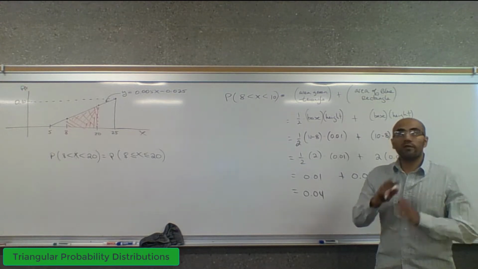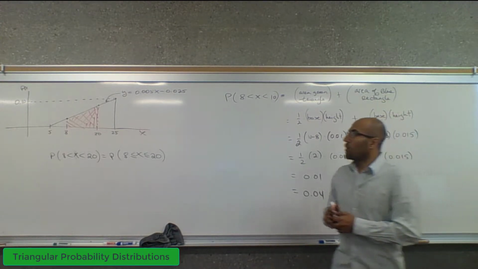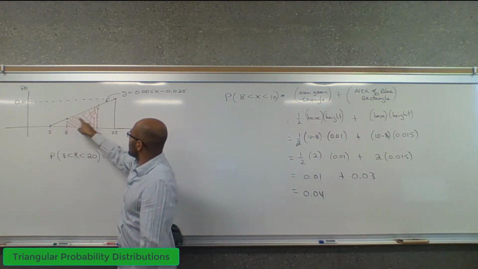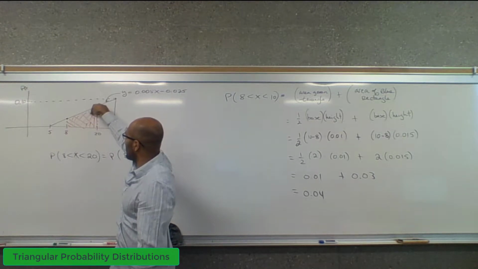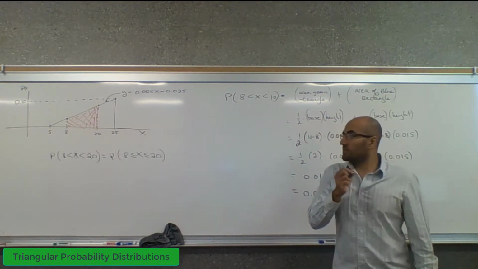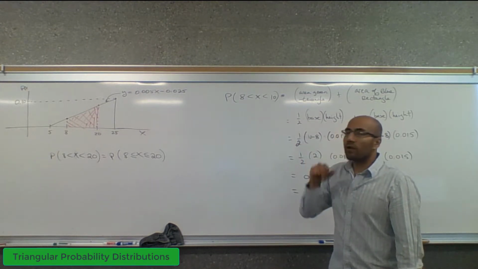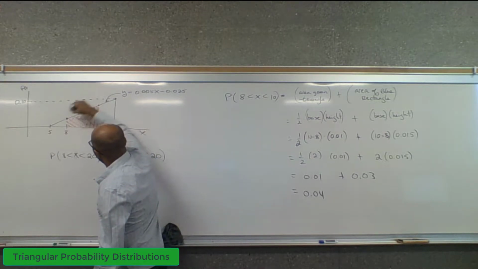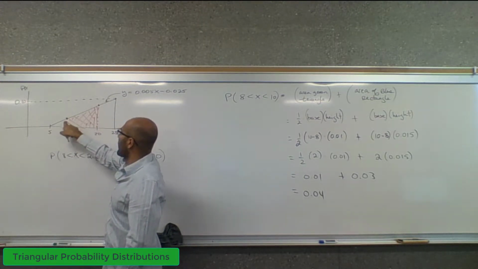Okay? So now there's a slightly different way we could do this. We could do it the same way as we just did. We can break this up into a little triangular region and do triangle plus rectangle, just like we did a second ago. Or we can do something else just a little bit different. But either way, we're going to need those points up there. So I need to figure out that point, and I need to figure out that point. Well, that one we already got.